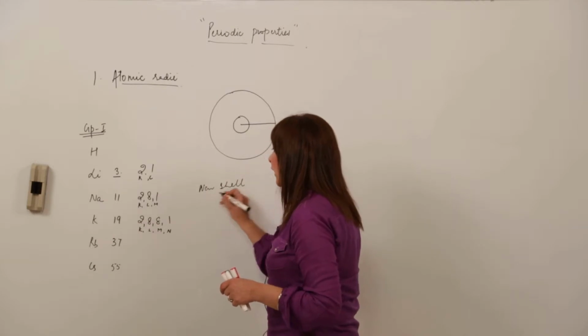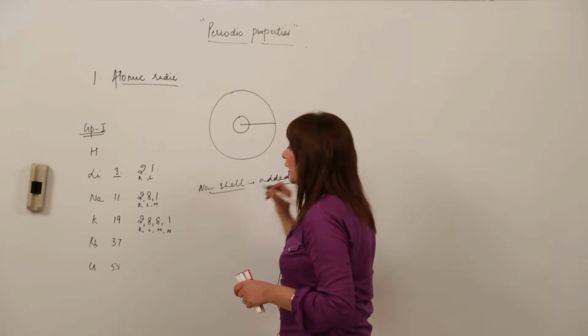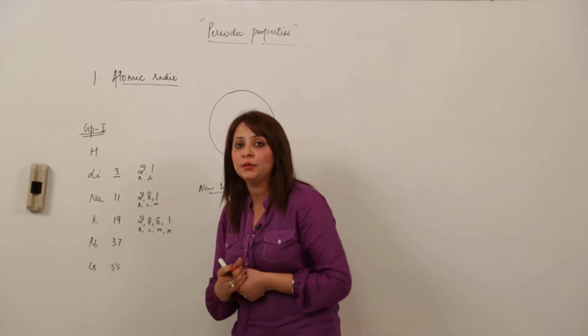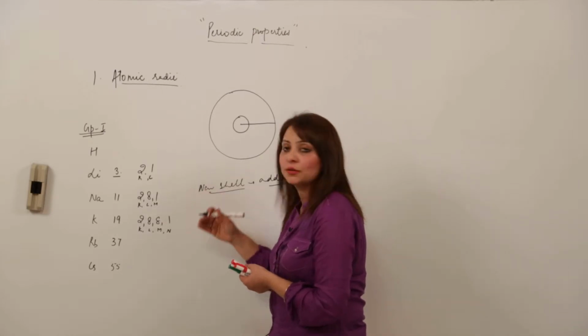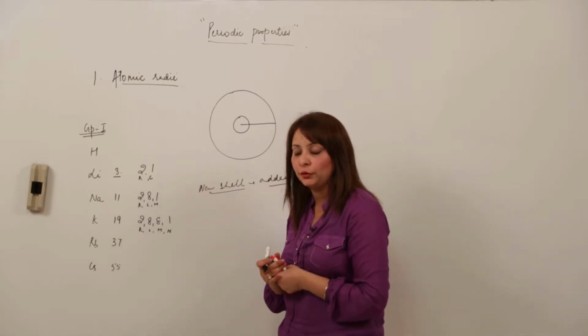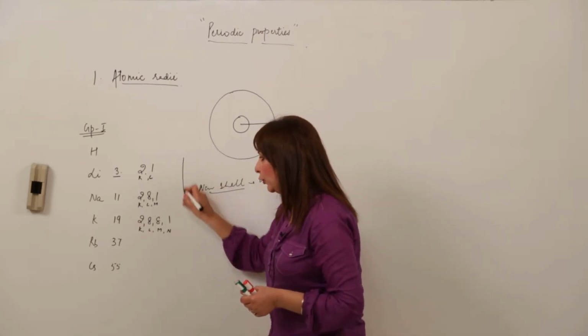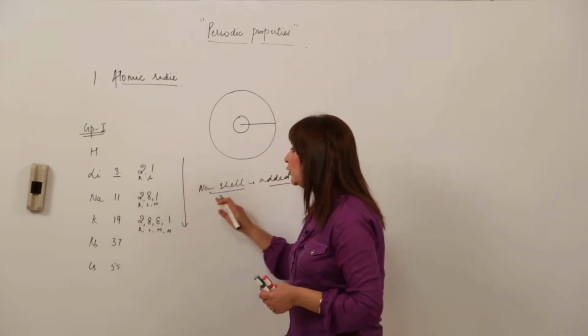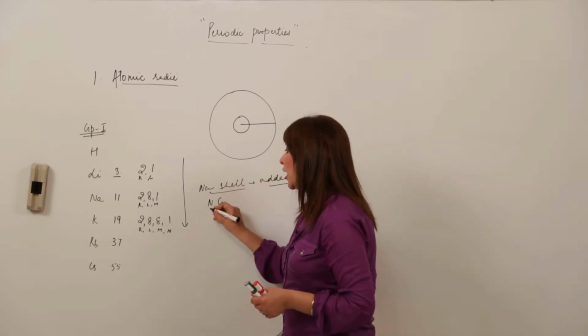Every time a new shell is added, the size goes on increasing as we move down the group. Again I am repeating, as we move down the group, every time a new shell is added, due to which the nuclear charge changes.